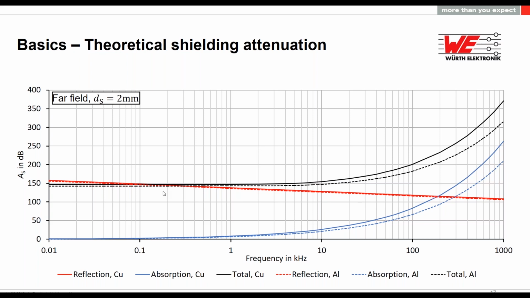So as we can see, here is a quick reference guide of, depending on the material, the importance of using this material and how it changes. For example, we can see that copper starts to be effective at high frequencies, while aluminum is effective at very low frequencies.